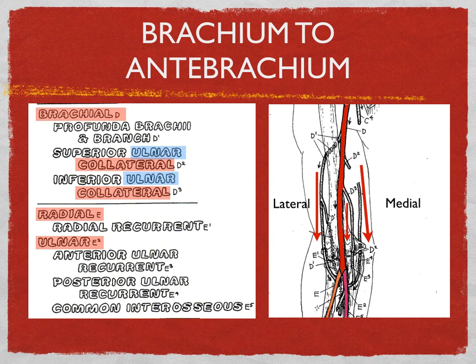You can see the D2, the superior one, branches first, and then a little bit further on, the D3 branches off. And so superior and inferior are fairly easy. They've got the same name otherwise.